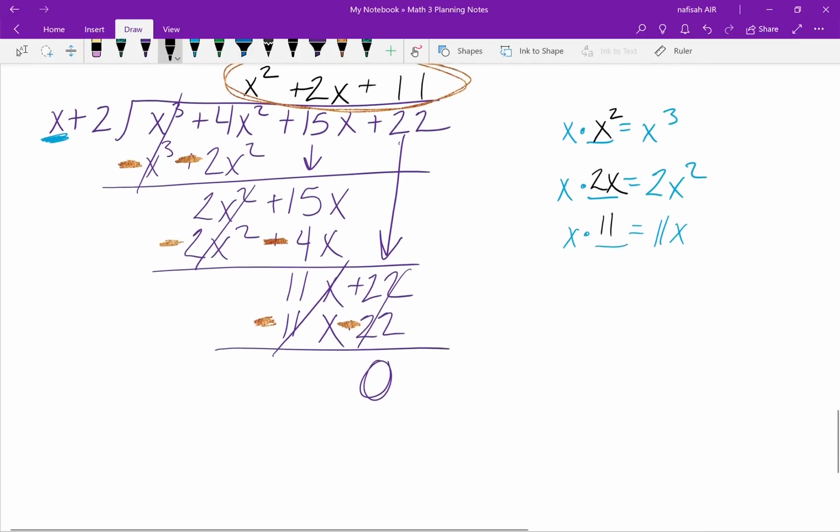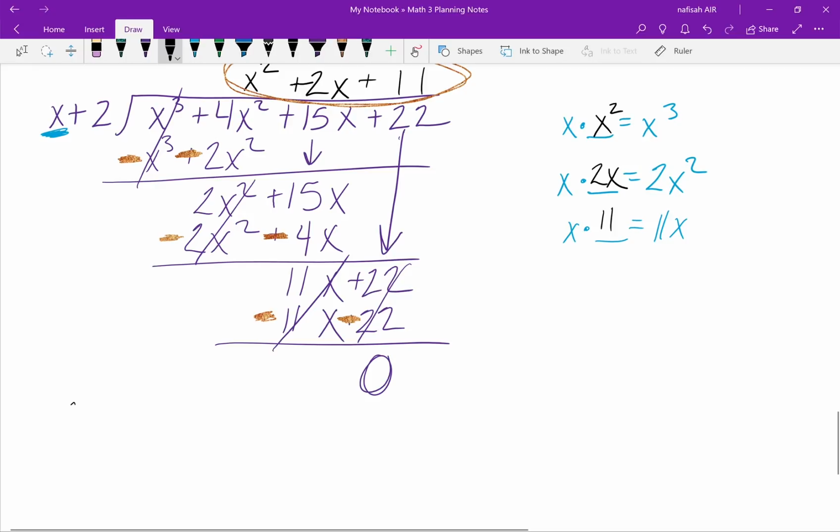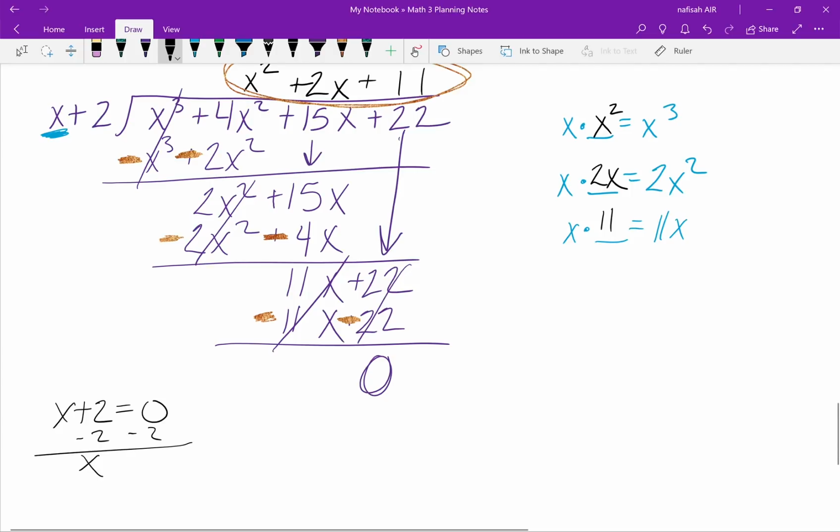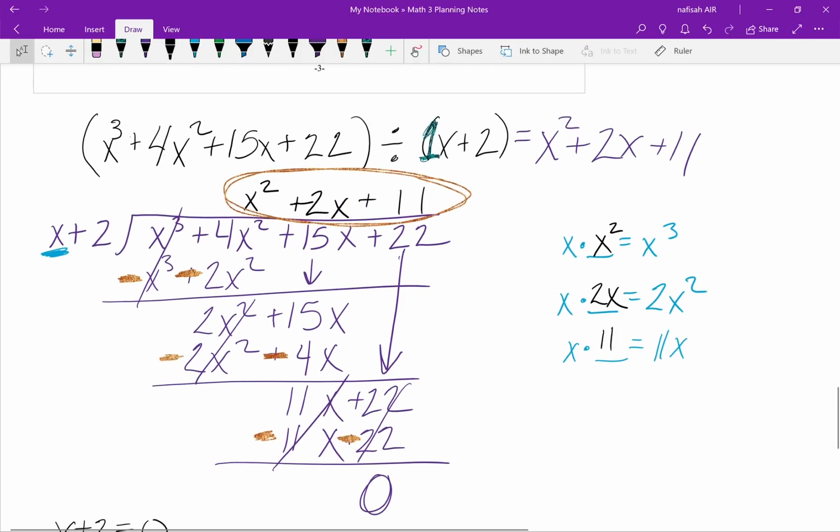Synthetic division allows me to take this x plus 2, set it equal to 0, and solve it. That means that I'll have x equals -2. I'll take -2, put it in a box, go up, and copy each of my coefficients, 1, 4, 15, and 22.